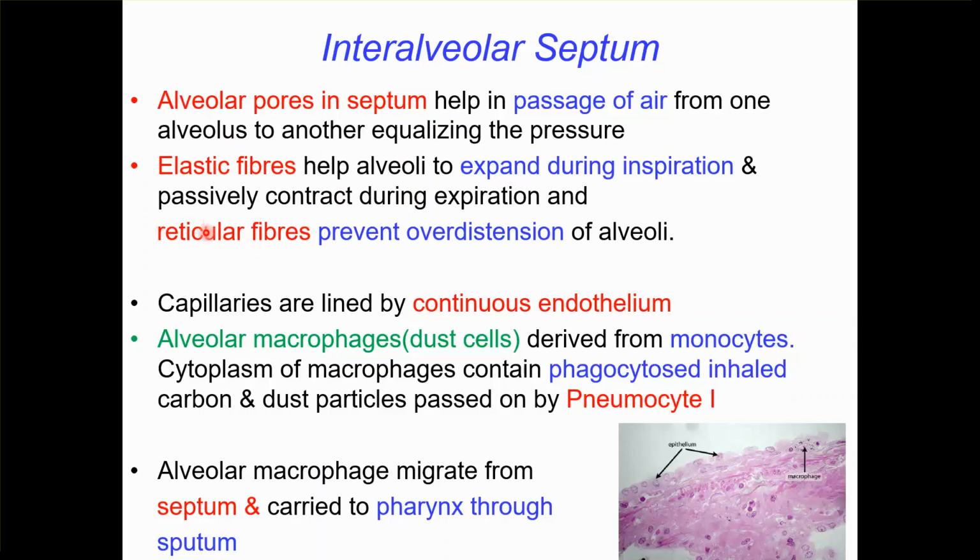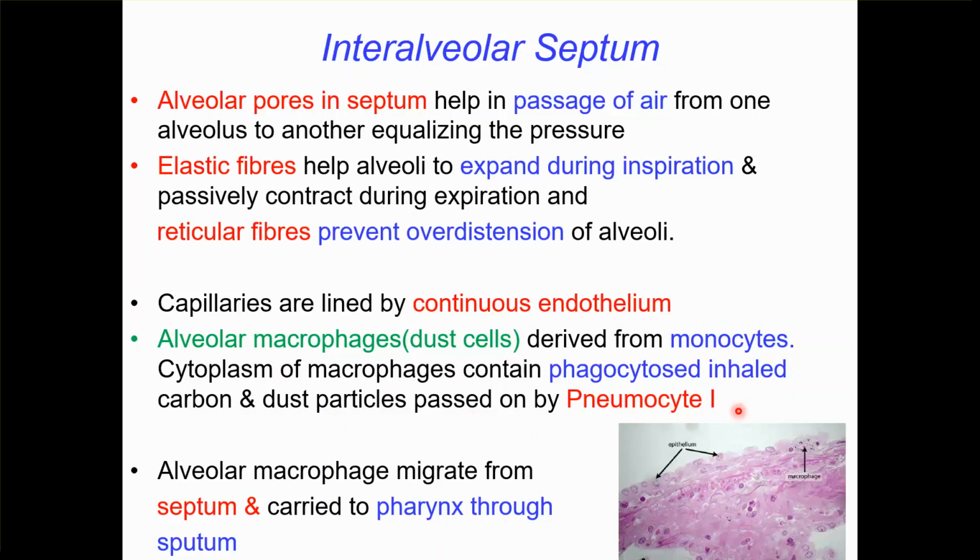The reticular fibers prevent the over-distension of the alveoli. The capillaries are lined with continuous endothelium. The alveolar macrophages are also called dust cells. They are derived from the monocytes. The cytoplasm of the macrophages contains phagocytosed inhaled carbon and dust particles passed on by the pneumocyte 1.